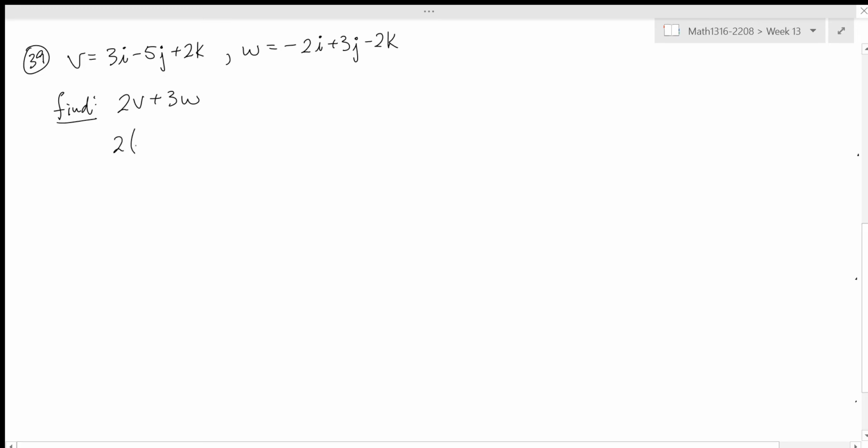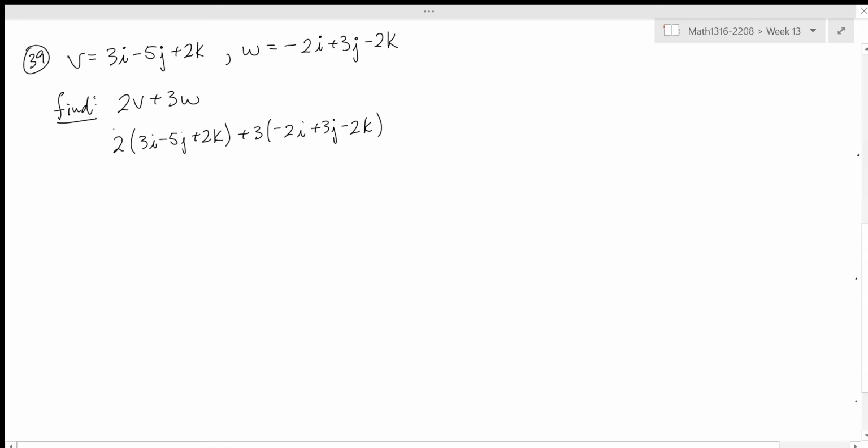So that's going to be 2 times vector v, but vector v is 3i minus 5j plus 2k, okay, plus 3 times vector w, which is negative 2i plus 3j minus 2k. And y'all see again that that is just plug and play.